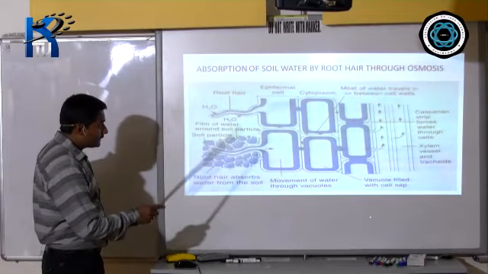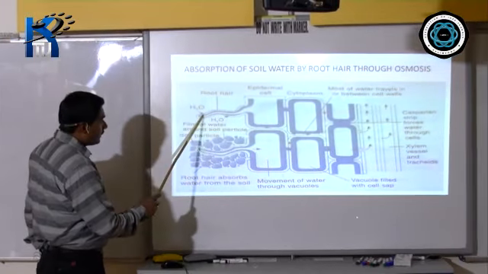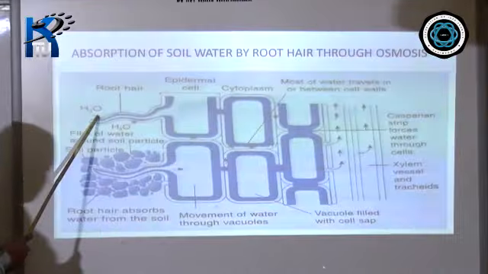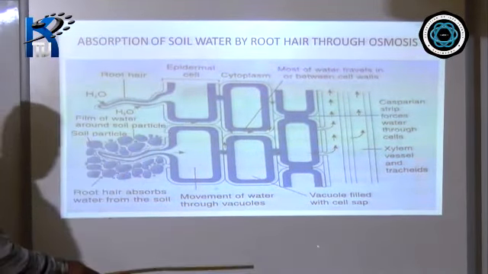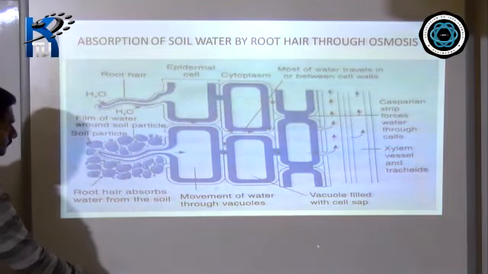And in turgidity, first of all, the root hair, when it absorbs the water, the water gets infiltrated inside the cytoplasm.